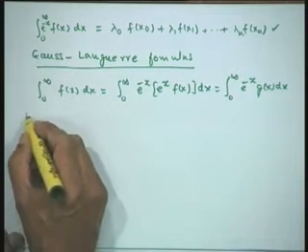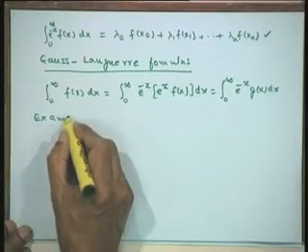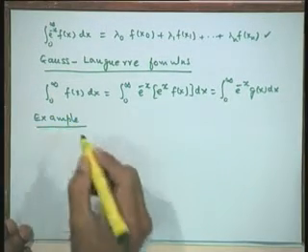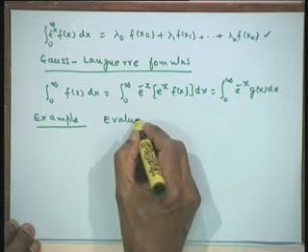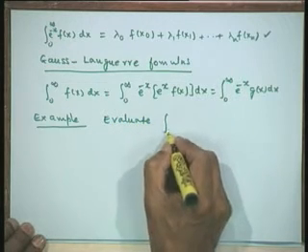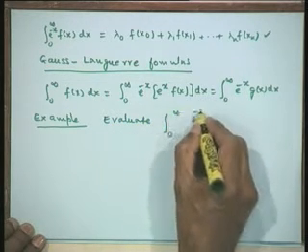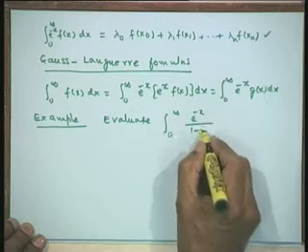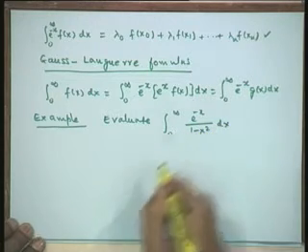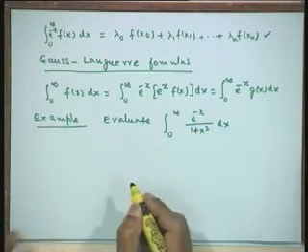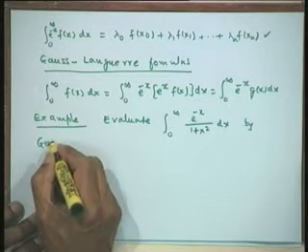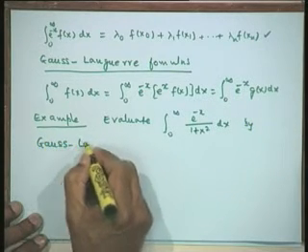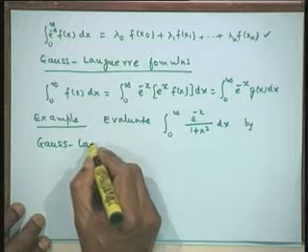Let us take this example. Evaluate, let us take a simple example, the integral of exponential of minus x upon 1 plus x squared dx, using the Gauss-Lagrange 2 point formula.